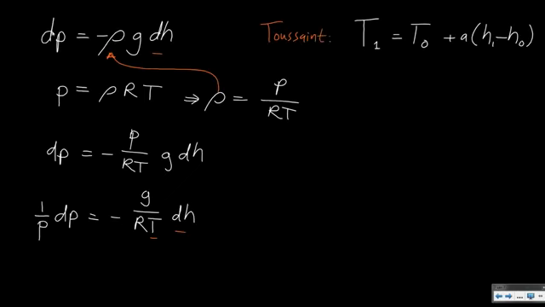So, as we said, we start with the temperature. This character A is the lapse rate, or temperature gradient, and it's given in Kelvin per meter, and it indicates a change of temperature per change in altitude.